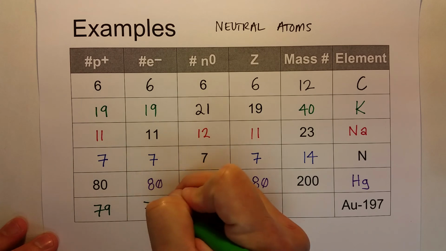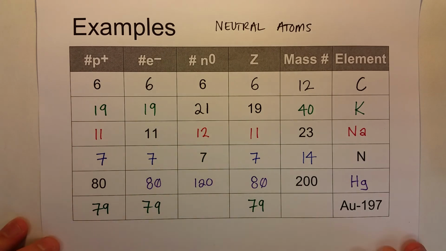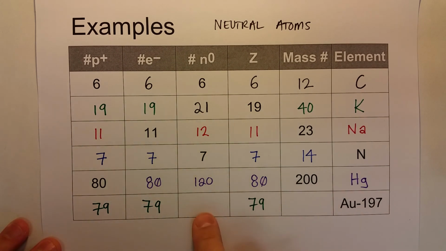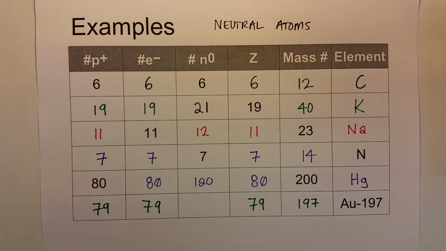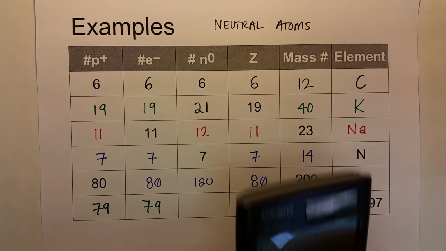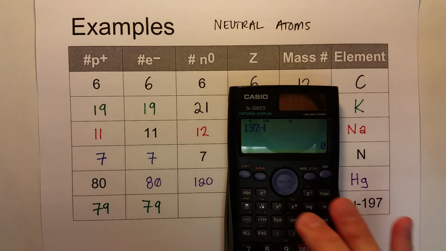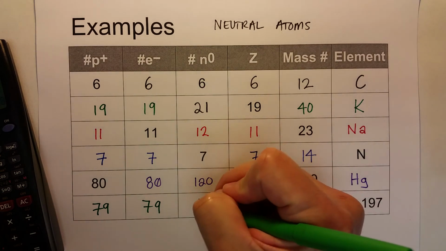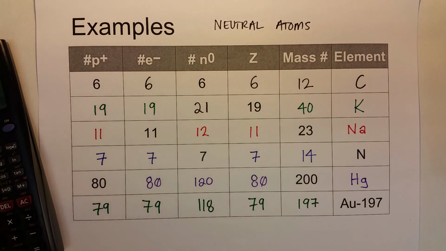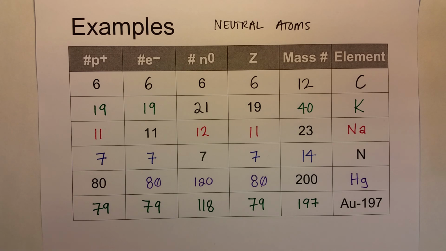A neutral atom would also then have 79 electrons. For the number of neutrons, we get it from using this symbol, Au-197. Of course, when we say gold-197, we're referring to its mass number. 197 is its mass number. And then 197 minus 79, let me punch this in our calculator just so we make sure we get it right, is 118. 118 neutrons is what gold-197 has.